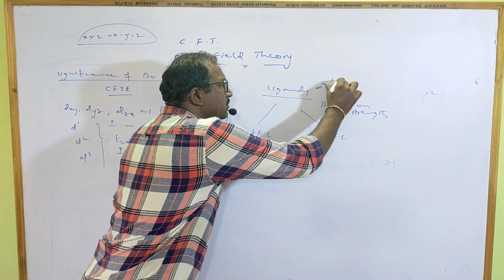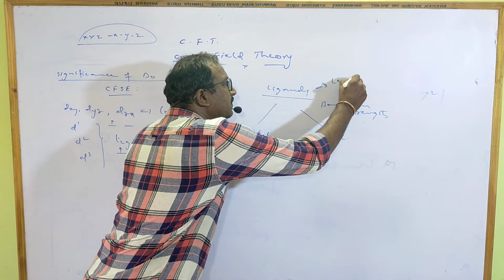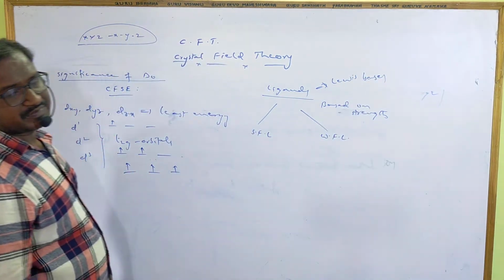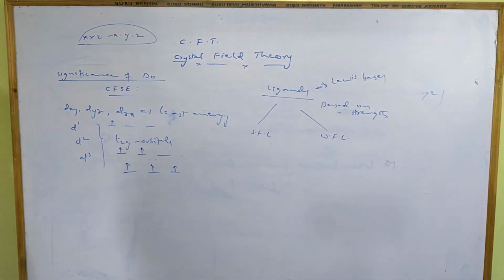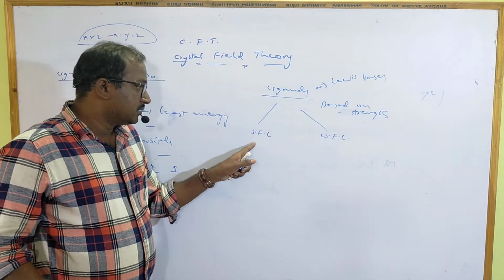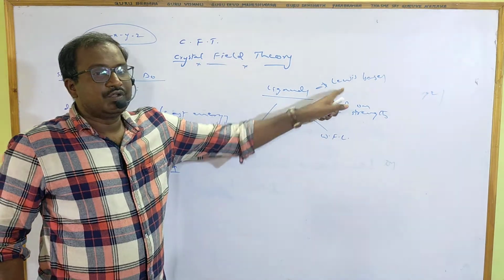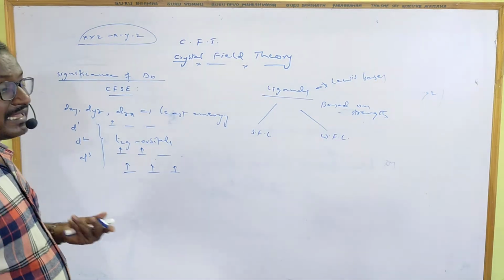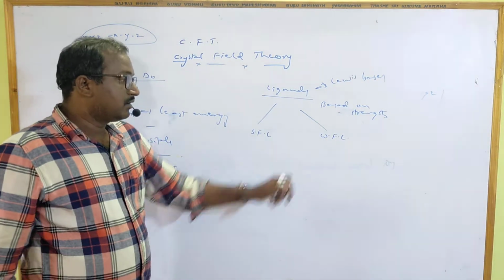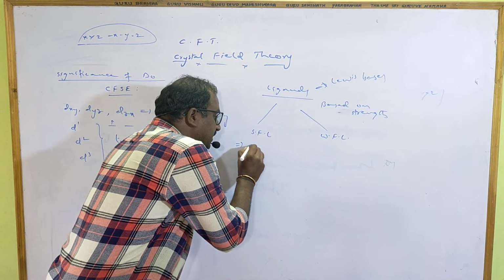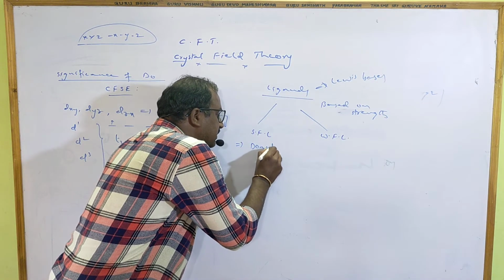Ligands are nothing but Lewis bases. Lewis base means what? Electron pair donor. If they donate an electron pair easily, they are called strong field ligands, strong Lewis bases. If the electron pair cannot be donated easily, they are called weak field ligands.